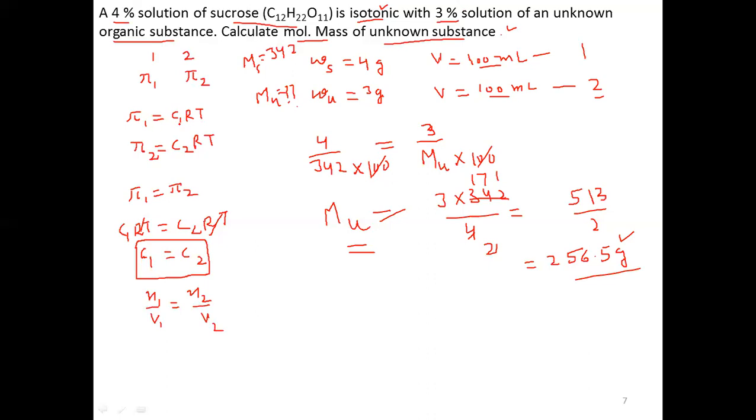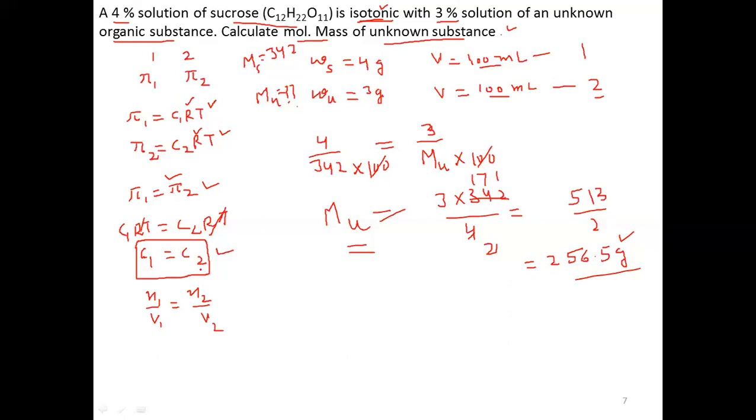So pi 1 was C1RT. R is the same for both, and temperature is also the same because we compare them at the same temperature. So pi 1 is C1RT, pi 2 is C2RT. By equalizing them, that is the condition of isotonic. Those solutions which have the same osmotic pressure are called isotonic. So pi 1 is equal to pi 2, so C1RT is equal to C2RT. RT gets cancelled. It is C1 is equal to C2.